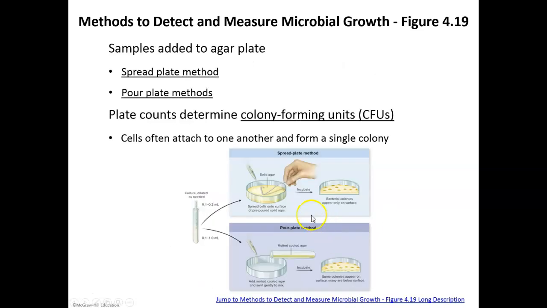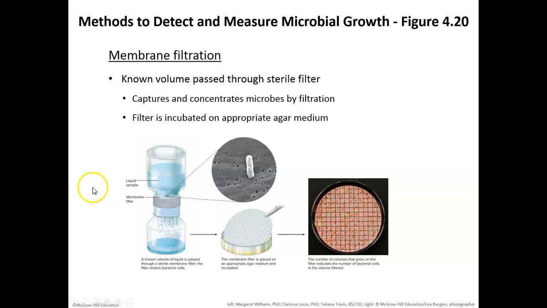We take this dilutant and put bacteria on here and then use a glass spreader to spread the solution all the way around. Or we can pour it into a melted agar and then the bacteria will grow either on or below the surface. This one will allow you to grow anaerobic organisms. This will only grow the aerobic organisms.